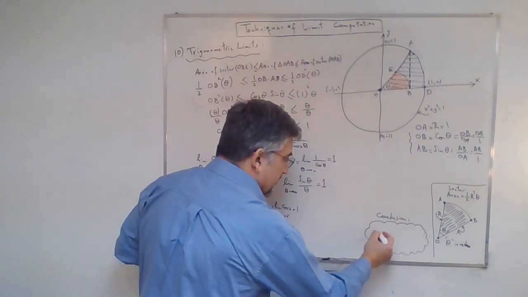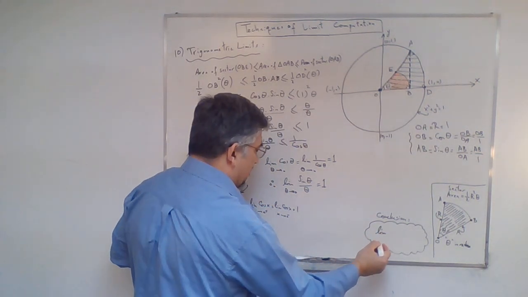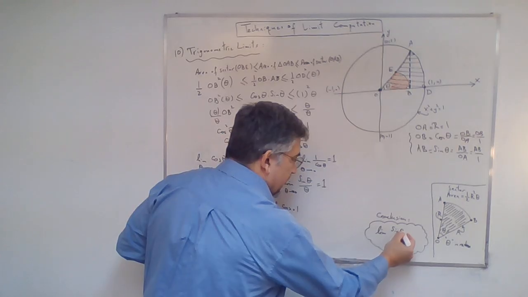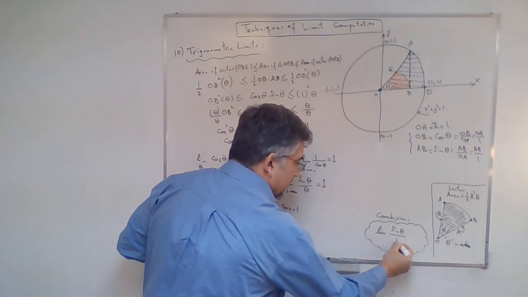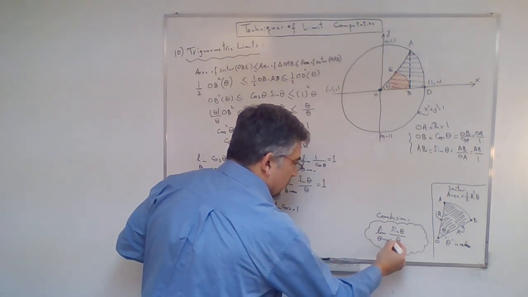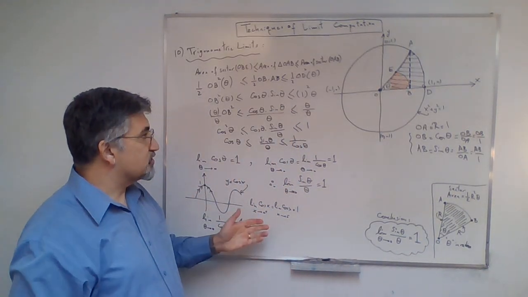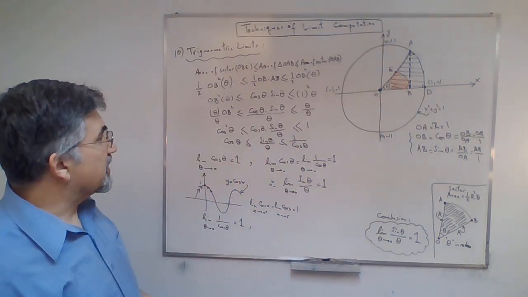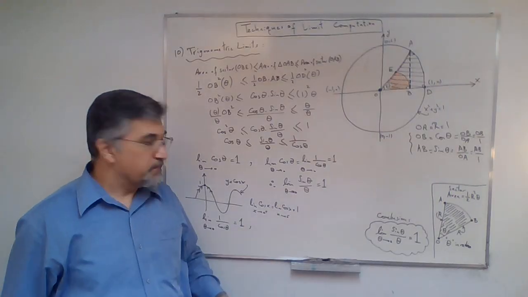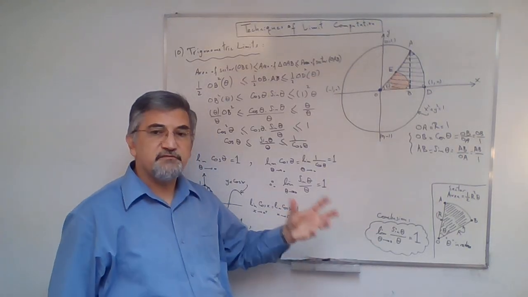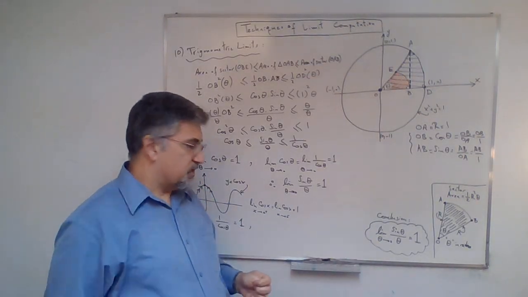So I'm going to write down here the conclusion we wanted to come up with. The limit of sine theta over theta when theta approaches 0 is always equal to 1. And today we actually proved it. This is a geometric proof of why this is true. And this is a very, very fundamental formula in trigonometric limits.